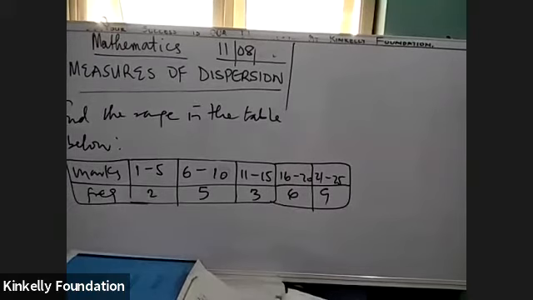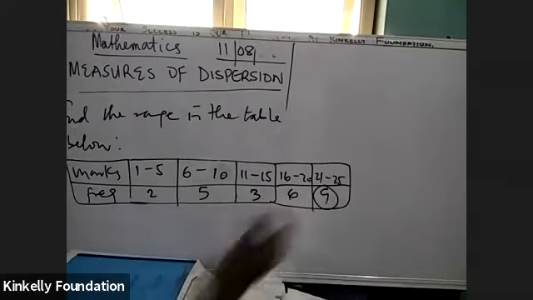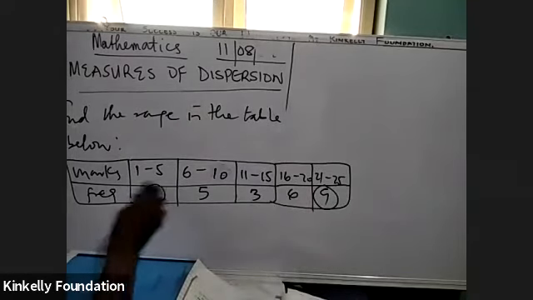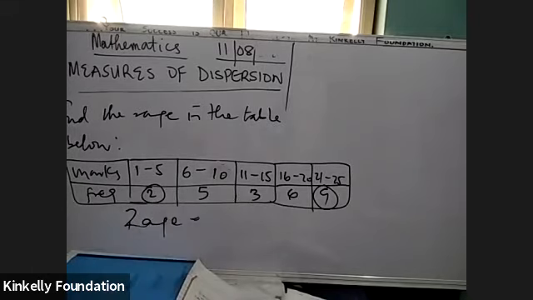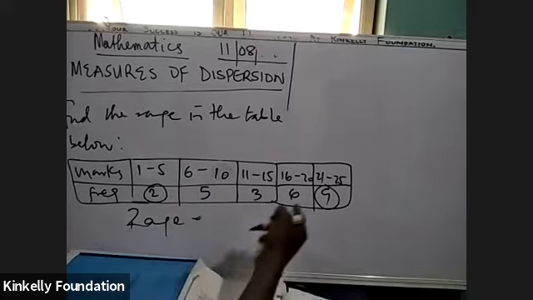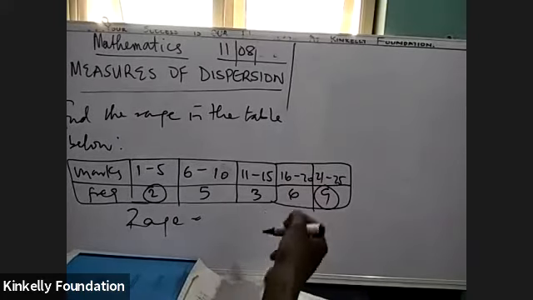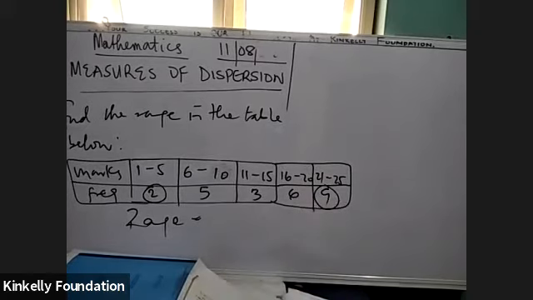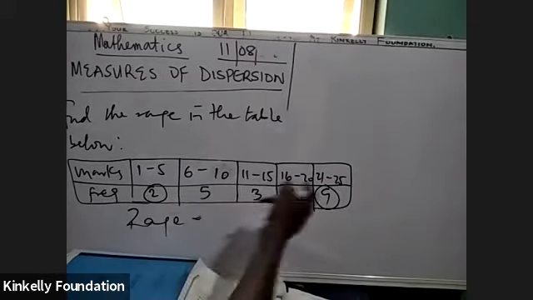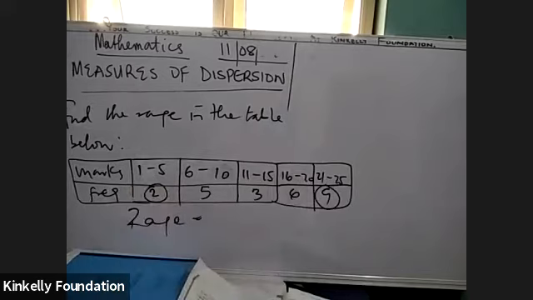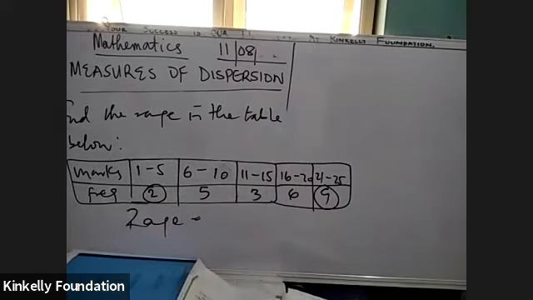If you are given something like this and asked to find the range of the table below, you see that the highest is this one and the lowest is this one. So the range is equal to the maximum score, 30, minus the lowest score, 1.